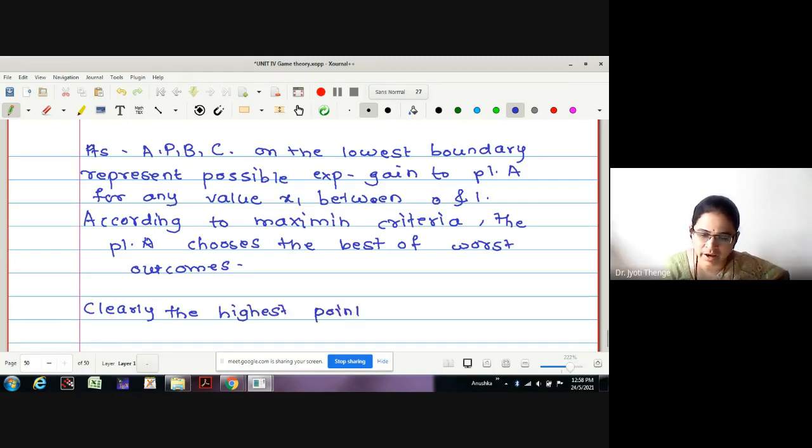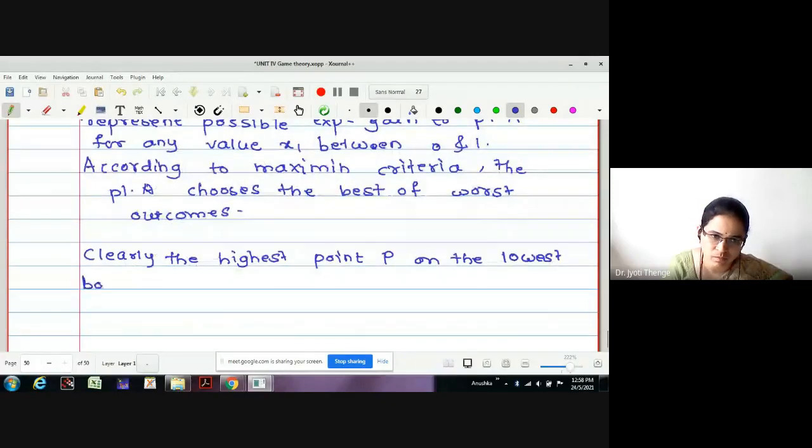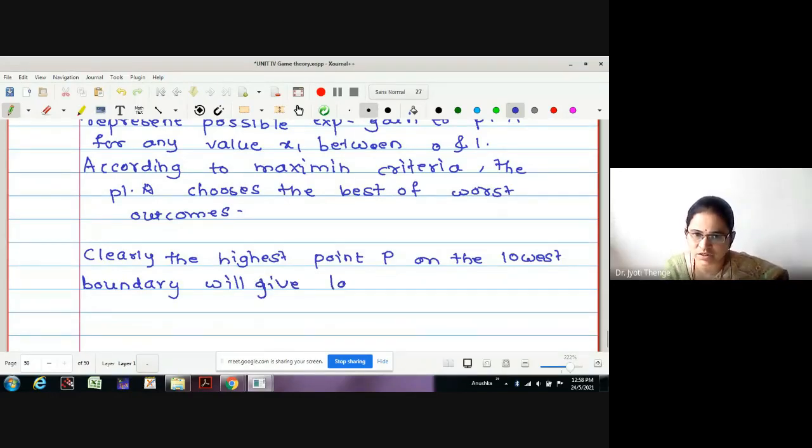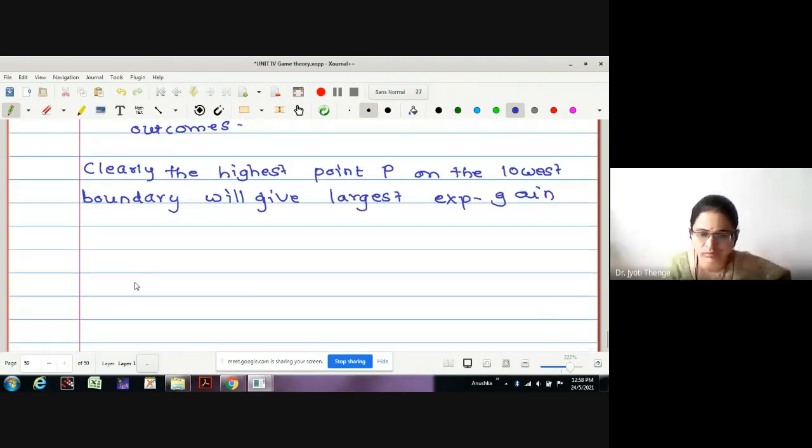Clearly, the highest point P on the lowest boundary will give the largest expected gain. Gain at P, it will be.